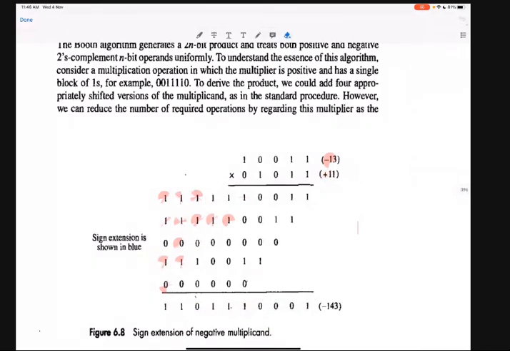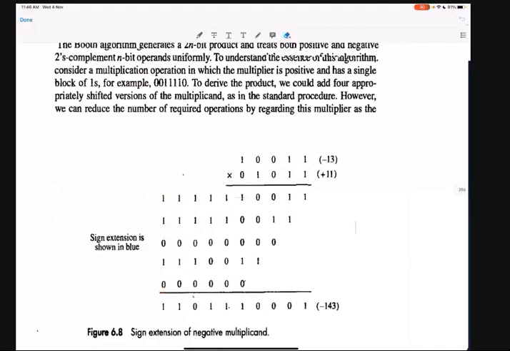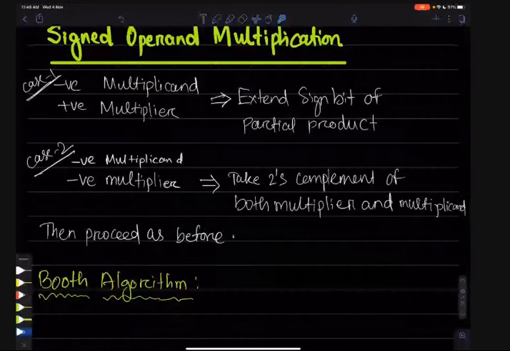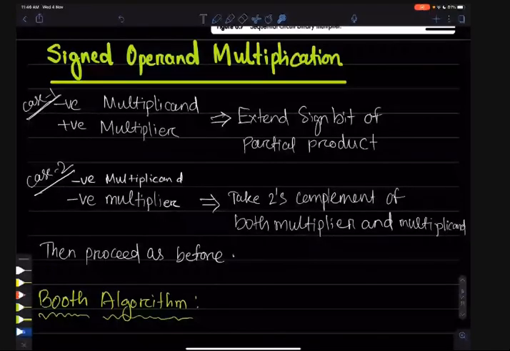Today we will finish with this one, because in the next class we will be reading on how to improve the multiplication of signed numbers using the Booth algorithm. We will read the Booth algorithm in the next class, because if we start today, it will not be finished. It is a little bit long.